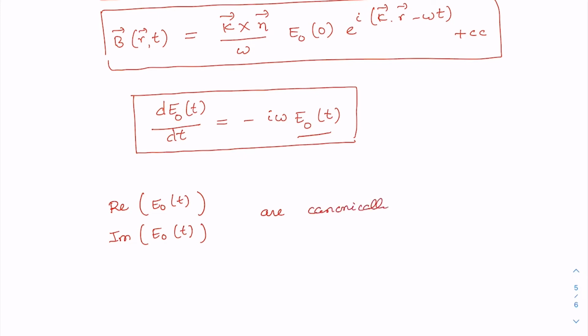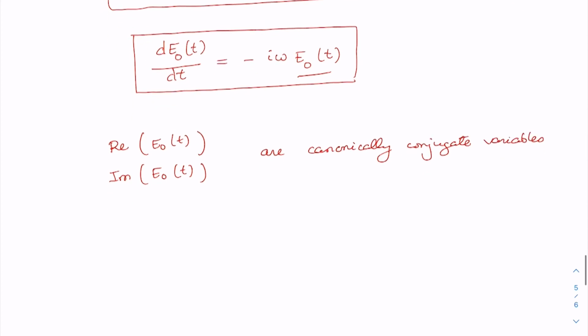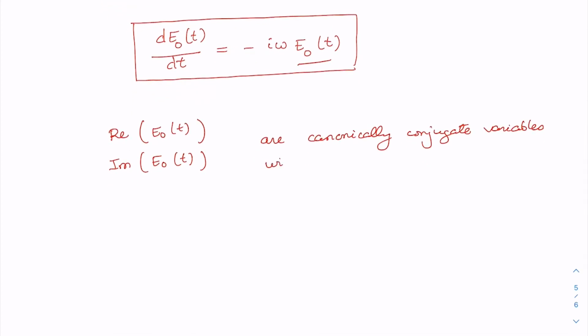This is what we are going to see soon. It will turn out to be canonically conjugate variables, of course within a multiplying factor.